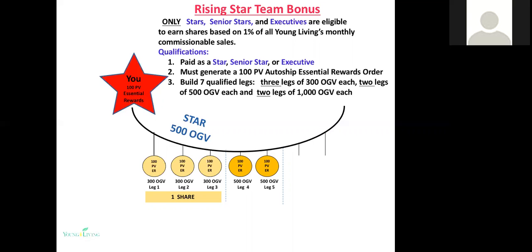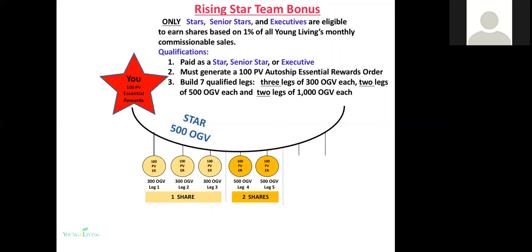Because at this point, you need to have a minimum of 5 members that you have personally sponsored. And so you're helping 2 to grow their organizations from 300 OGV to 500 OGV, and then you're replacing those 2 members with new members at 100 PV Essential Rewards auto ship and 300 OGV.